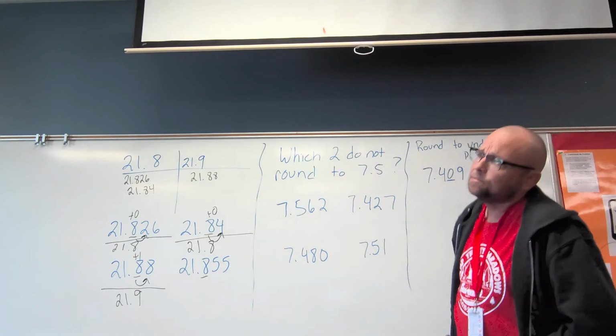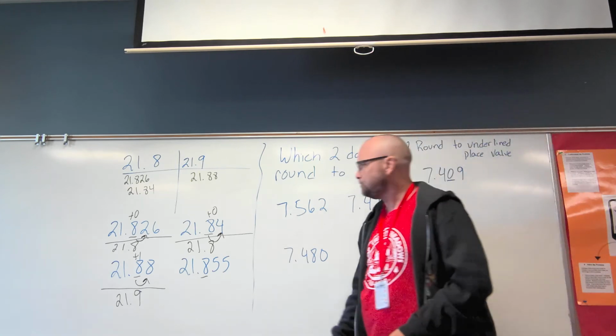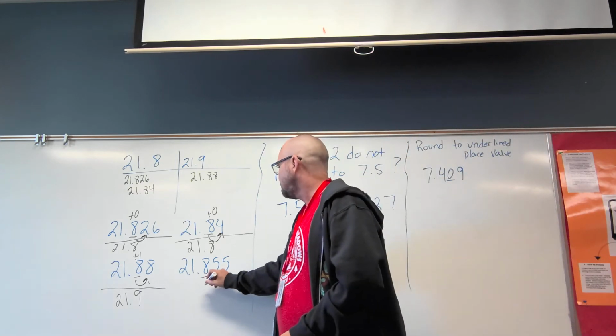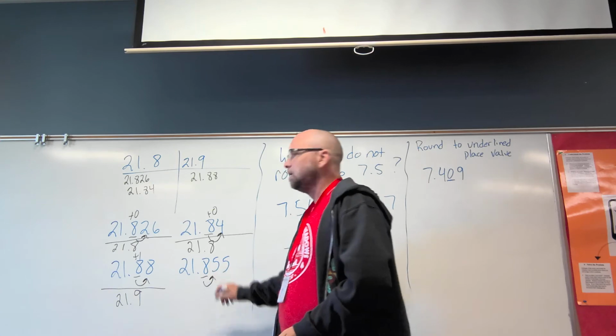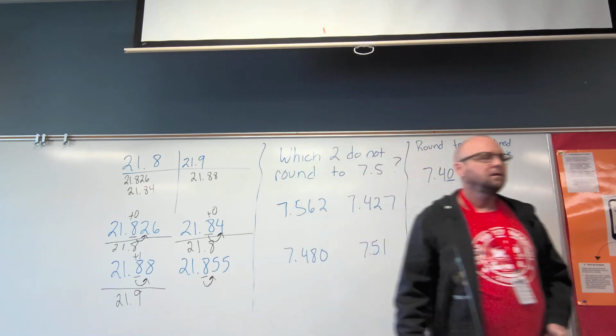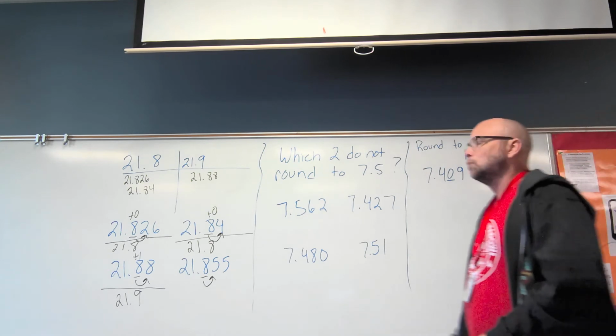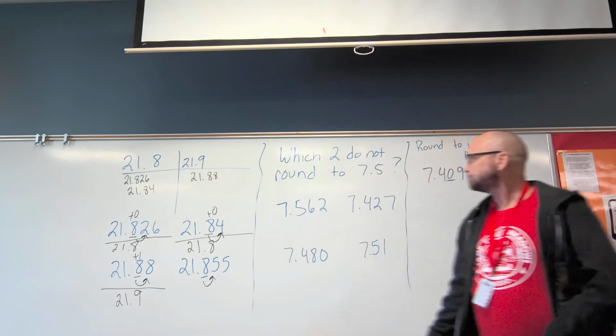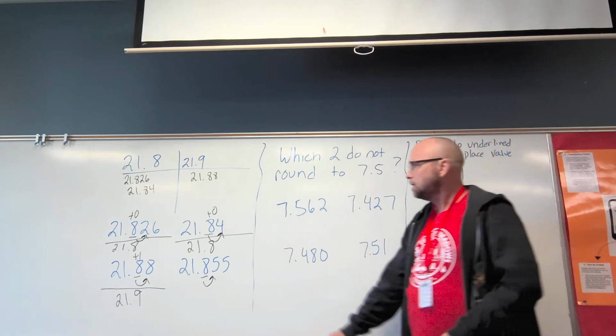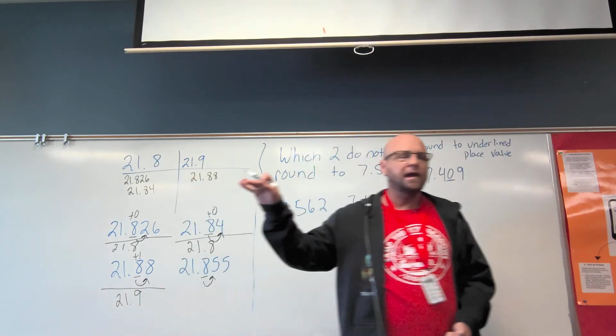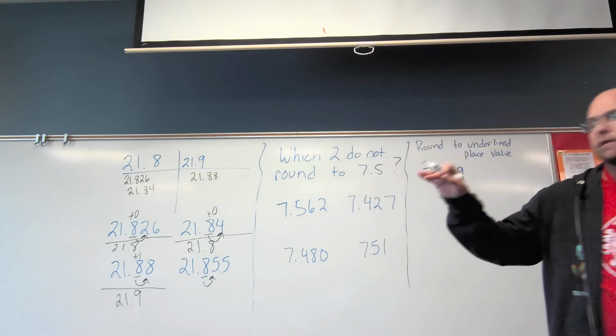And last, but certainly not least, in this problem, rounding to the tenths, we look behind it. Adam, are we going to add 1 to the tenths place or 0 to the tenths place? Add 1. Why? Because it is 5. 5 or greater, we add 1 to the place value we're rounding.